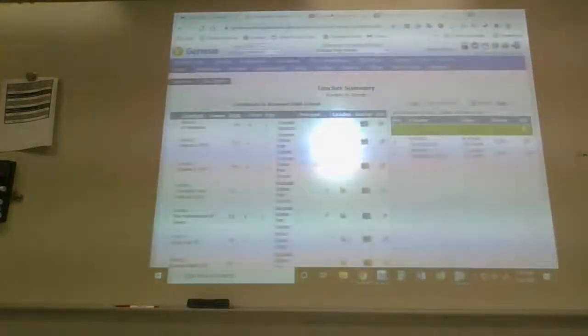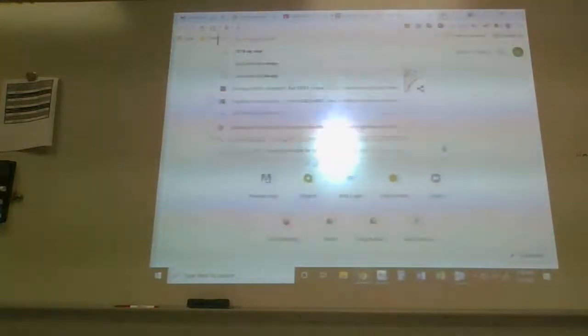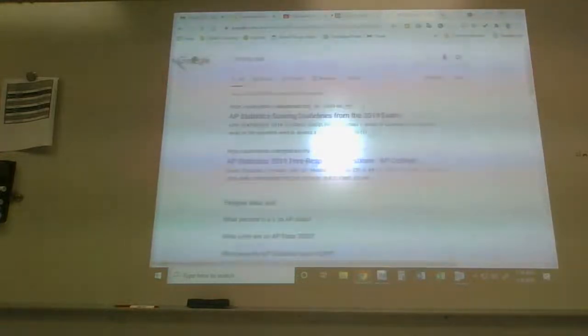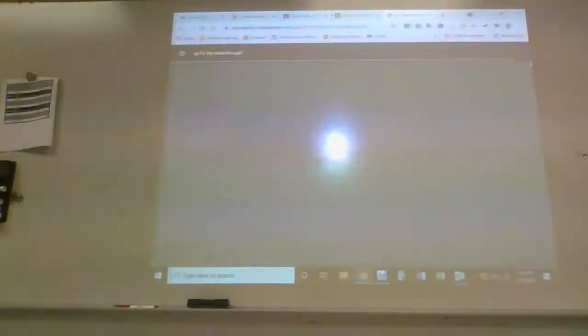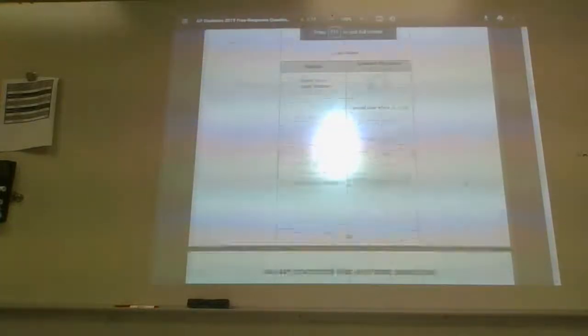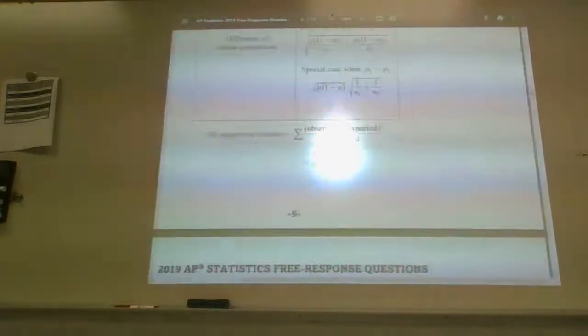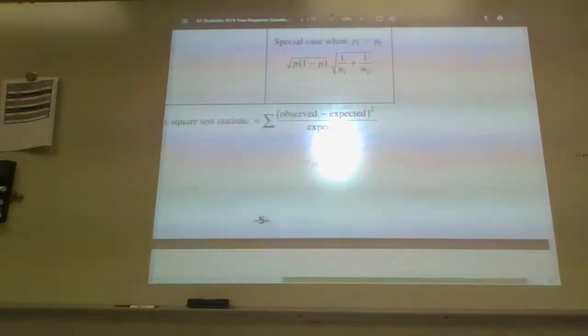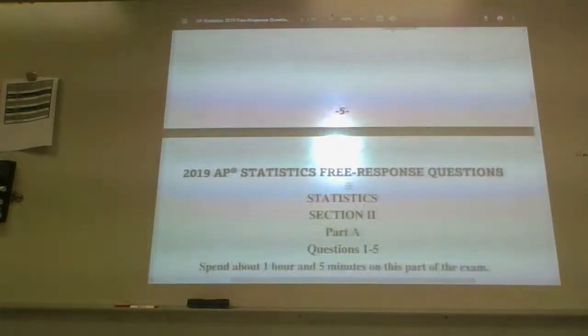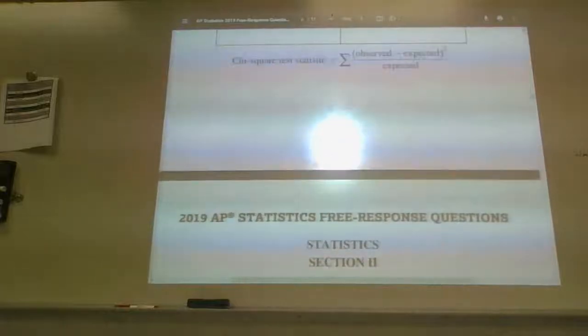Let me show you something real quick. 2019 questions. I wanted to show you the formula sheet. There you go. This is the very last formula that they give you. There you go, right at the top of the screen. It's the last formula that they give you on the formula sheet.